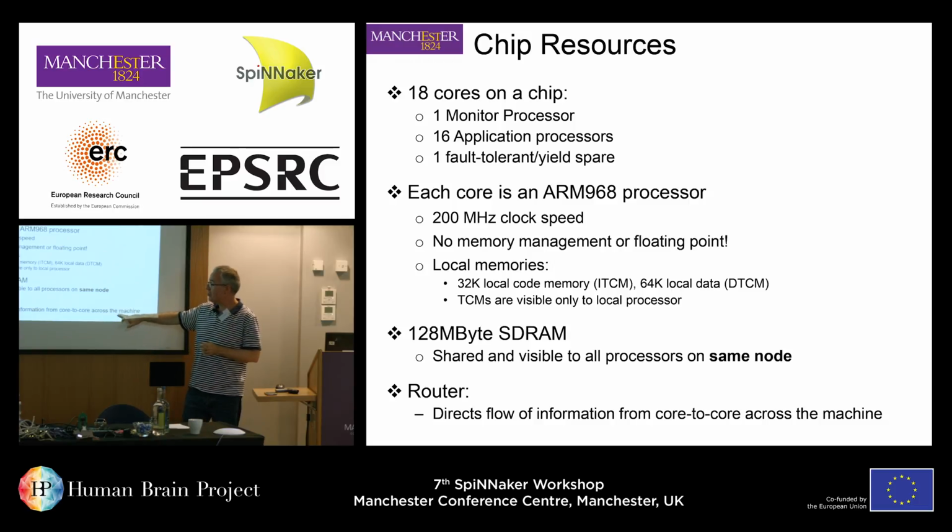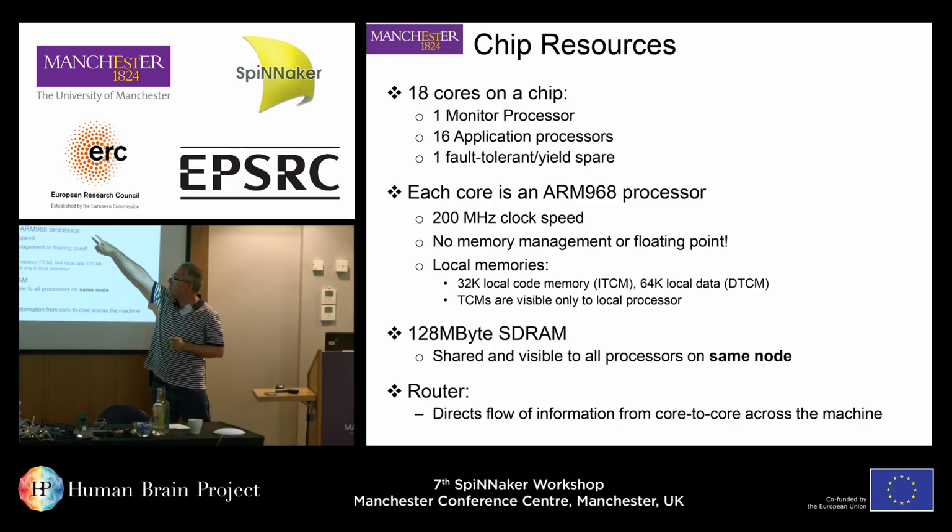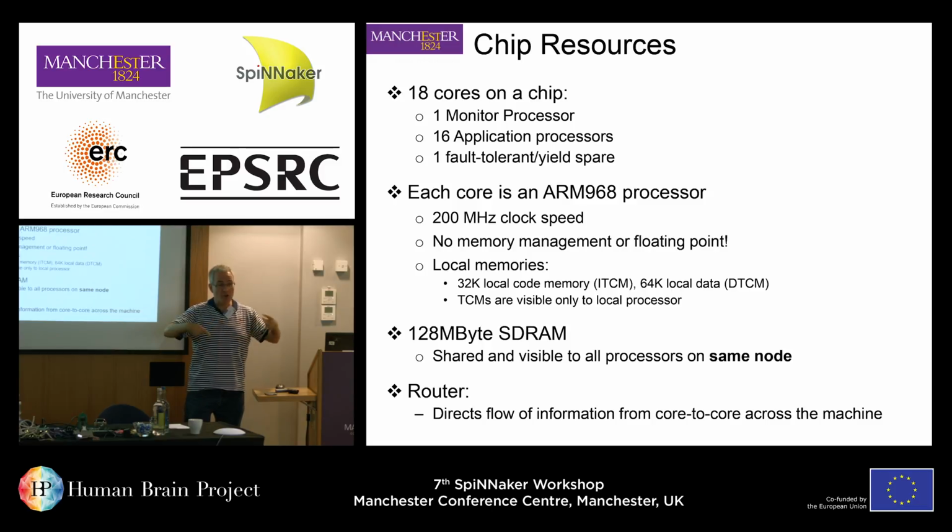And the other thing I mentioned was there's a router, which is the thing which directs the flow of traffic around the machine. I mentioned at the top that there are 18 cores. When the machine boots at the beginning, when you first plug it in, all the cores are identical. They're treated exactly the same, and they each go through their own little boot process to get ready to run simulations. The first one which completes that process says, okay, I wish to be in charge, because we're trying to build a system which is highly redundant, and to have one core which is always the guy in charge means that if that core was broken or didn't manufacture properly, the whole chip would be dead.